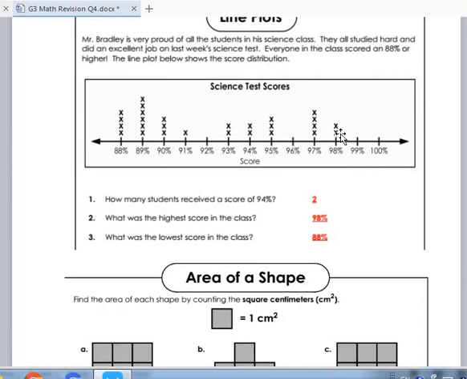I have 2 students who got 98%, so this is the highest score. What was the lowest score in the class? The lowest score is 88%. How many students got 88%? 1, 2, 3, 4 students.